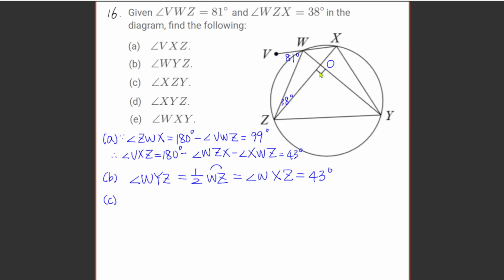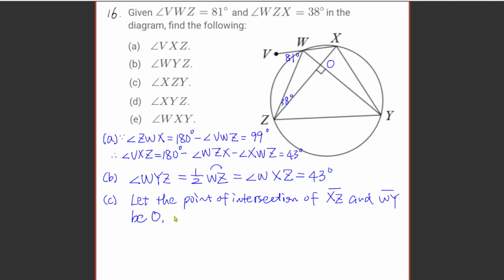Let's call this point here as O. So let the point of intersection of the segment XZ and WY be point O. Then right triangle OZY gives us angle XZY equals 90 degrees subtracted by angle OYZ, and that is 47 degrees, right?